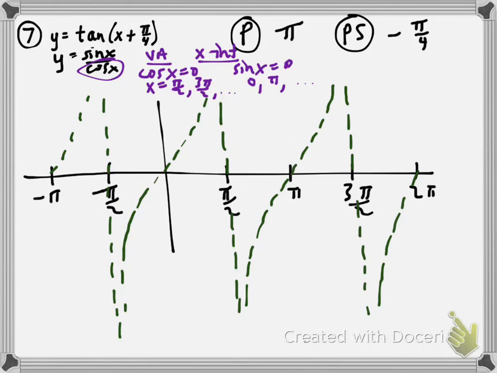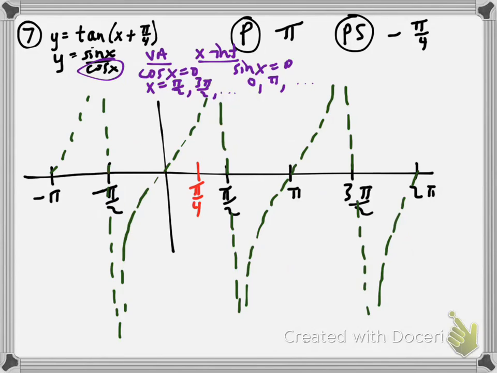But we're shifting it pi over 4 radians to the left. This becomes a little bit tedious here, and I think that I'd like to do these things a different way. But I've committed to this one, so maybe I'll do the next one differently. Moving this pi over 4 radians to the left, let's just do one period.